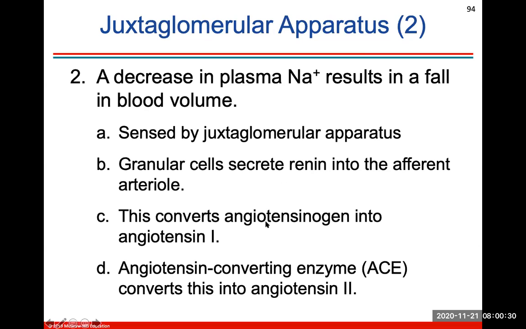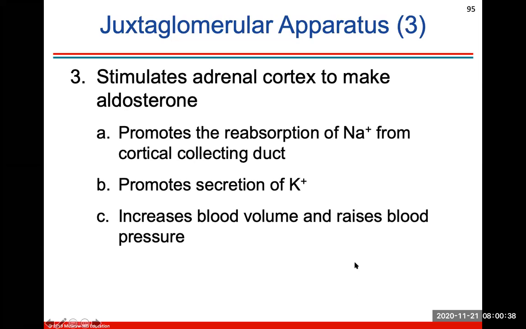Renin will convert angiotensinogen to angiotensin 1, and angiotensin converting enzyme will convert this to angiotensin 2. This will stimulate your adrenal cortex to make aldosterone, which will promote the reabsorption of sodium and promote the secretion of potassium. What this is important for is this will directly increase blood volume and raise your blood pressure.